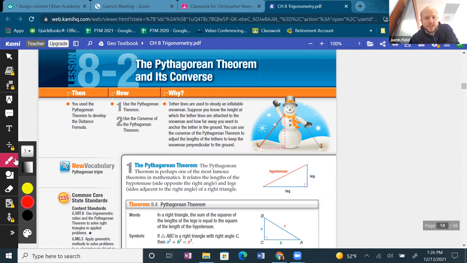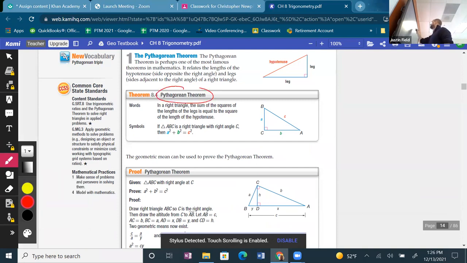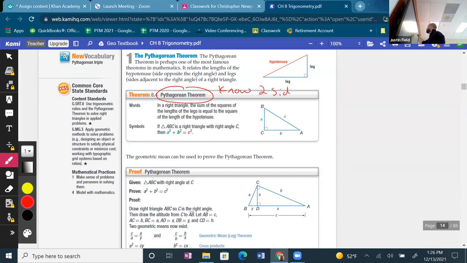All right, so I always like to say that with the Pythagorean theorem, we know two sides and need the third side. What we're going to really focus on here in high school geometry is SOHCAHTOA, where we only know one side, but we know the angles, and we can get two sides.